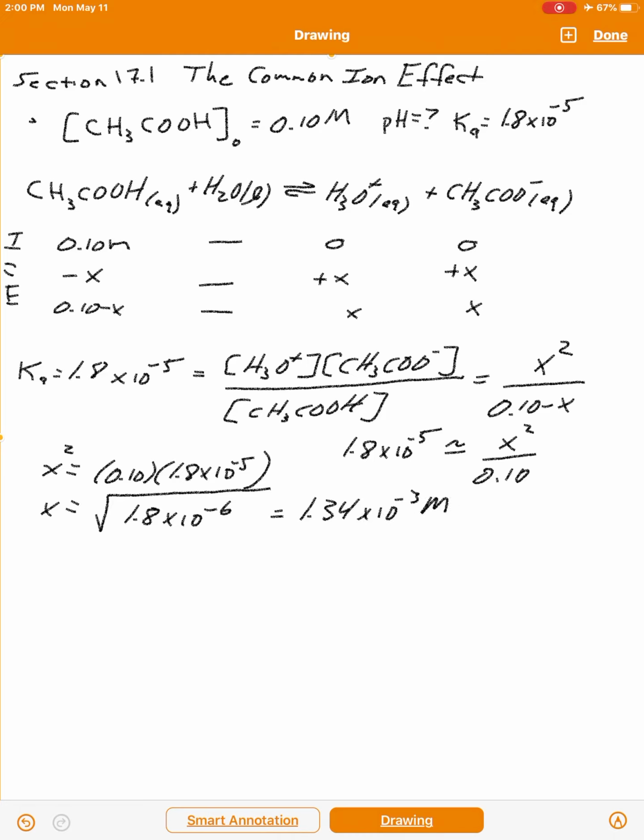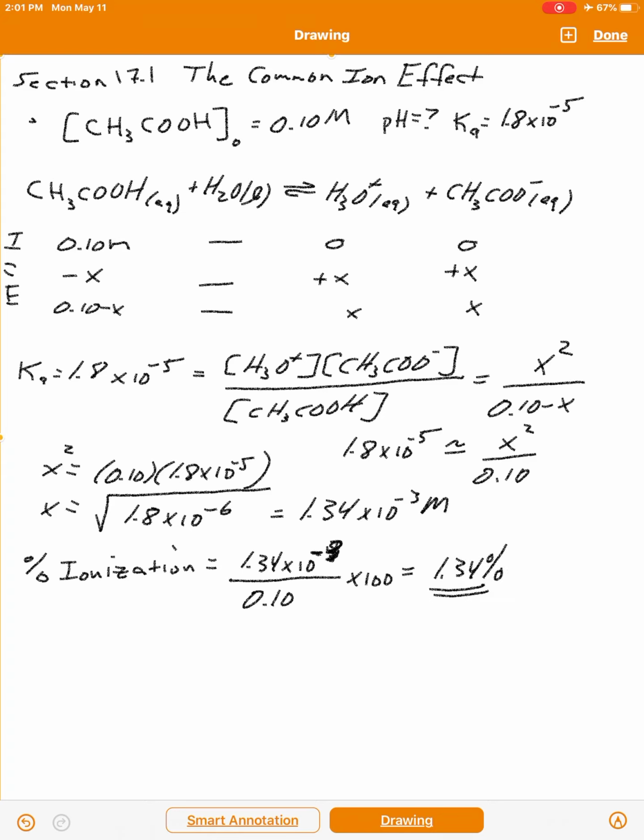If we wanted to know the percent ionization, we take X, the concentration of hydronium, 1.34 times 10 to the minus 3, over the initial concentration, 0.10, and multiply by 100, and you get 1.34%. So it's a pretty low percentage. Only about 1 1/3% is actually ionizing.